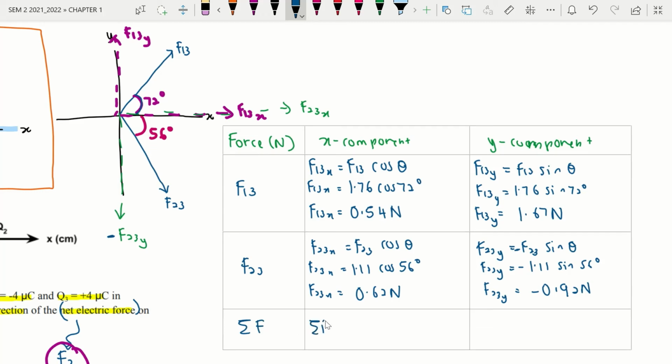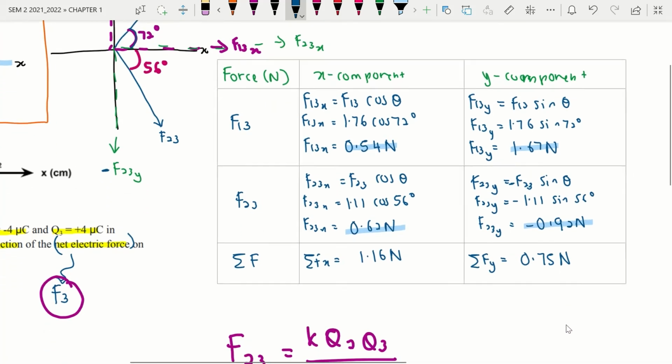The summation of force for the X component will be 0.54 plus 0.62 Newton, which you will get 1.16 Newton. And the summation of force for the Y component will be 1.67 Newton plus negative 0.92 Newton, which you will get 0.75 Newton.